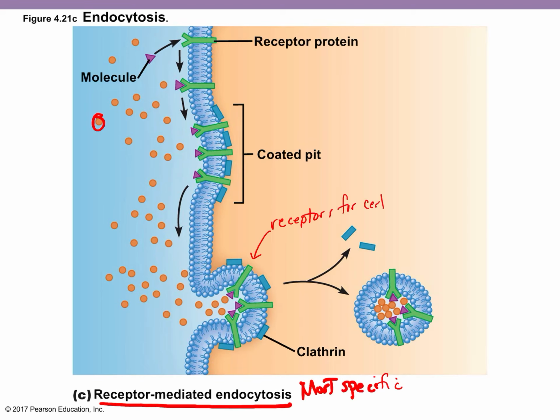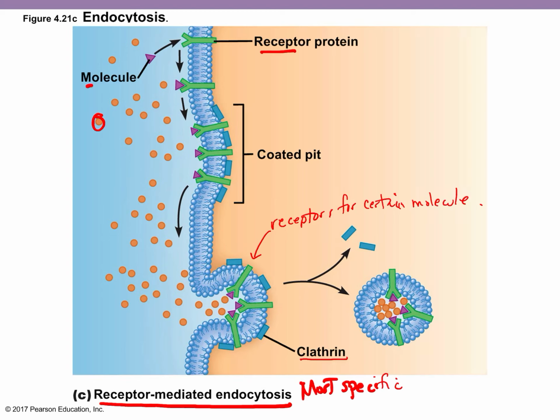So receptors for a certain kind of molecule. Okay. So that way the cell knows exactly what it's bringing in. What happens in this process is that there is a molecule called clathrin. Clathrin proteins will actually form the pit around the receptors. And when the receptors bind, it will allow this basically phagosome to be created, right?